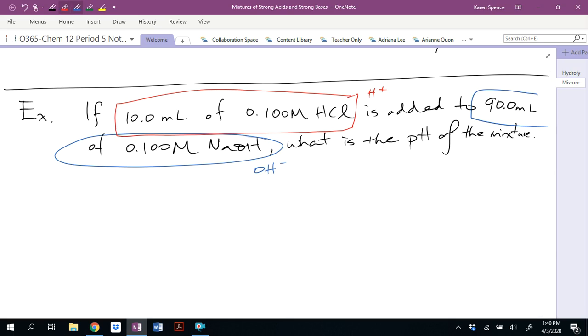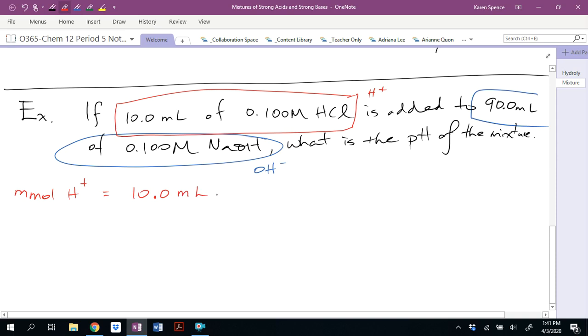So let's calculate the moles of H plus. In fact, I'm working in millimoles. I can't help it. It's just so much easier. Okay, so we have 10.0 milliliters. Just remember that milli is just going to hang out. It's not going to get canceled. It'll come back at the end.